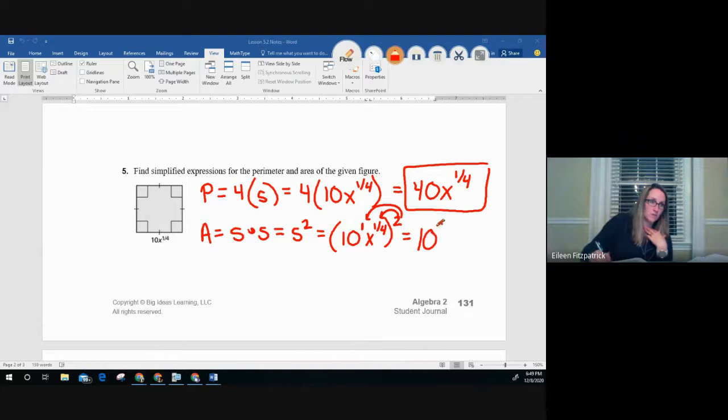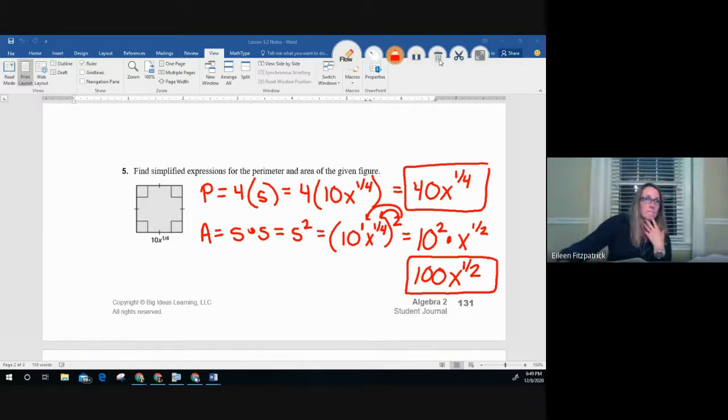So it's 10 squared times x, and then 1/4 times 2 is 2/4 or 1/2. And 10 squared is 100, so it's 100x to the 1/2. And that would be your area expression.